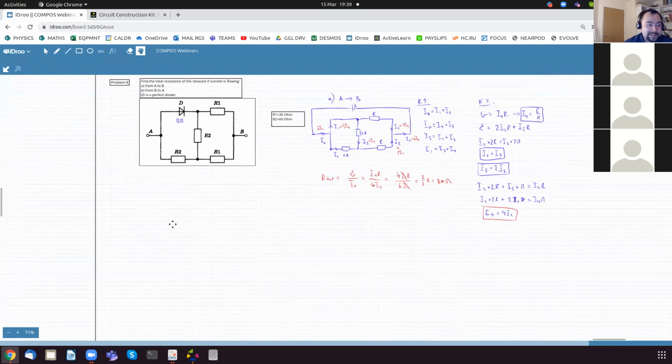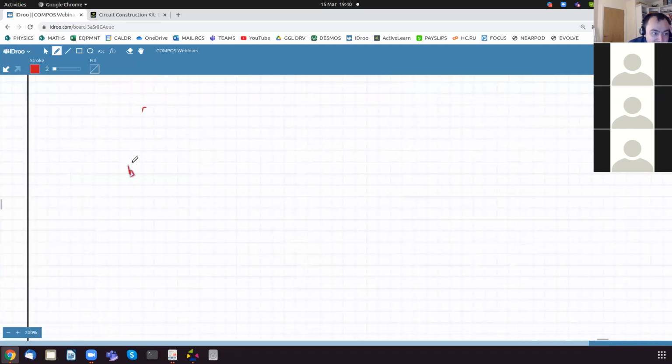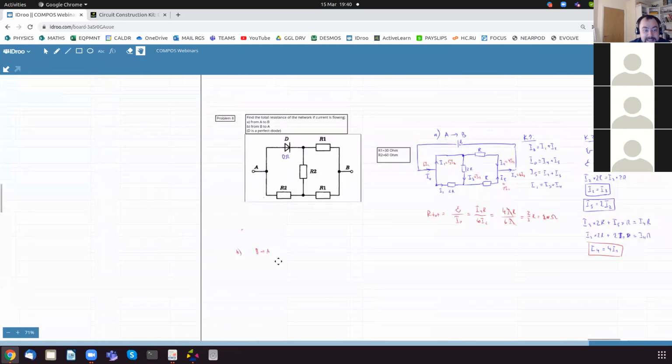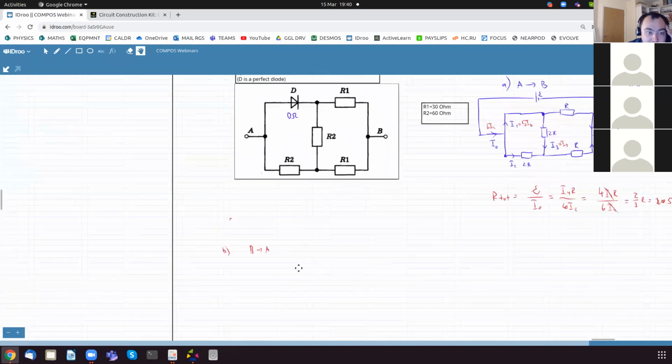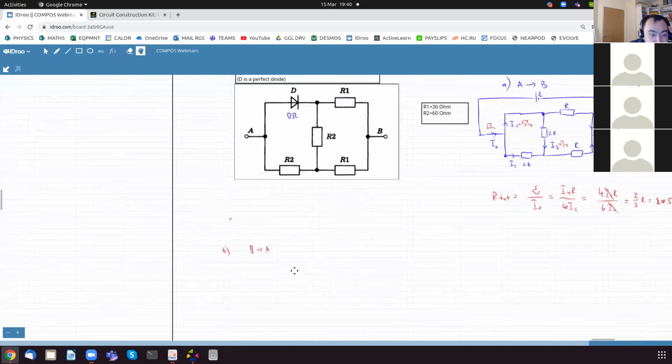So going from A to B. Now we're going from B to A, and this will be much faster. Current is flowing from B to A. That means that the resistance of the diode is infinite. So current is not allowed to flow backwards through the diode. So the circuit becomes much simpler.